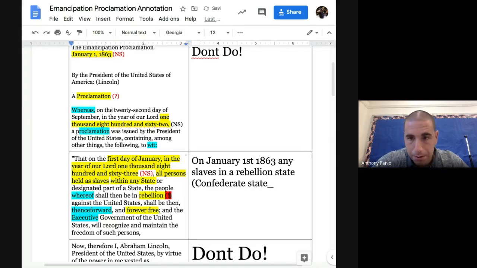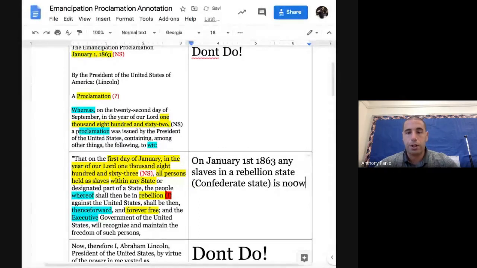Okay, so we have this all taken care of. Against the United States shall be then, thenceforward, and forever free. Okay, that should be pretty straightforward. I know the thenceforward part is confusing, but thenceforward just means in the future, from this day on, sort of thing. They're going to be forever free. So on January 1st, 1863, any slaves in a rebellion state or a Confederate state are now free.